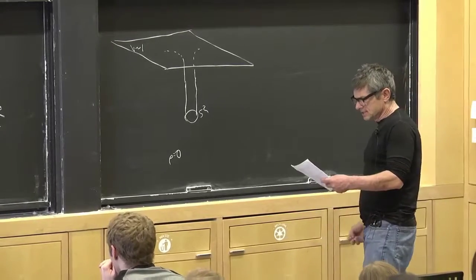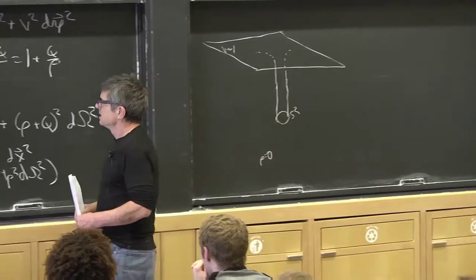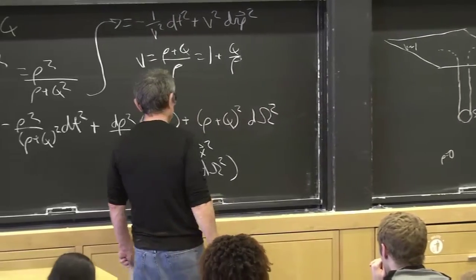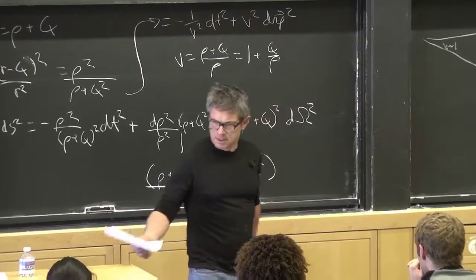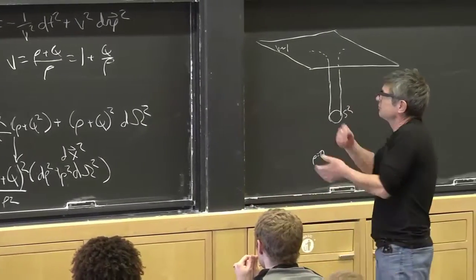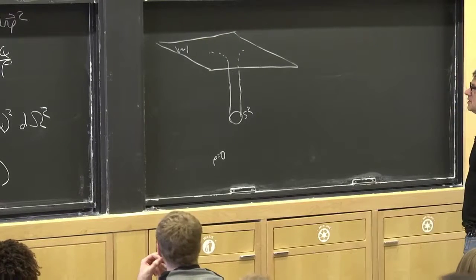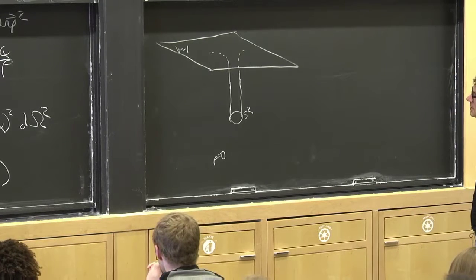Now, the interesting thing about writing the metric in this form is, of course, there are many different forms of the Reissner-Nordstrom metric, which are useful for different purposes.